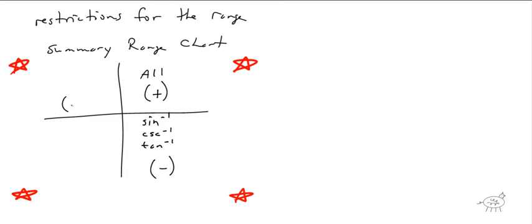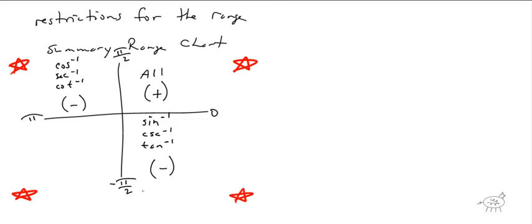And in this quadrant are going to be inverse cosine, inverse secant, and inverse cotangent. All right, let's label a couple things here. This is going to be 0. This is pi over 2. This is pi. And we're not going to label this as 3 pi over 2. We're going to label this as negative pi over 2.